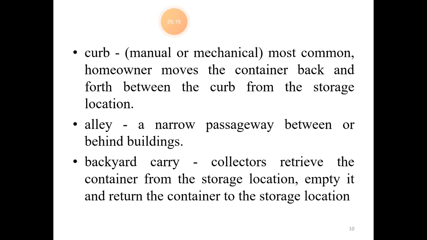Curbs include manual or mechanical collection and the storage of waste. Alleys refer to narrow passages between the buildings, and the waste of such passages we call alley waste. Then backyard includes collection of garbage which is emptied from the location, and the containers are set back at their place.